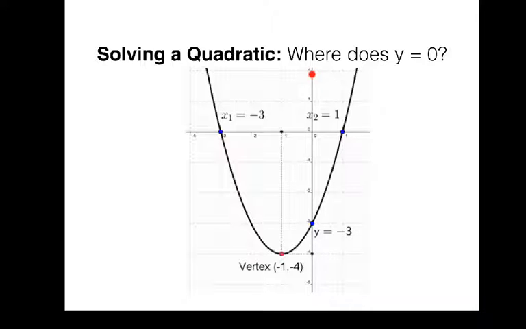Looking at the y-axis at the 0 point, we realize that the entire x-axis is y equals 0. So when we say solve a quadratic, we are asking at what point our parabola actually hits the x-axis, aka y equals 0.